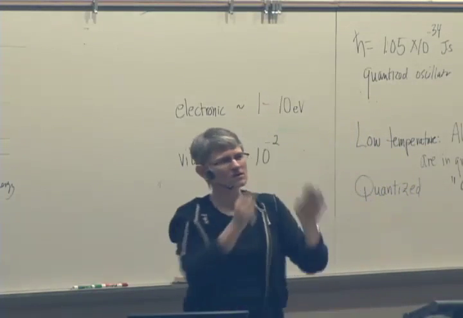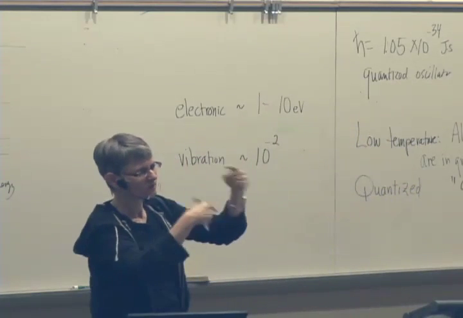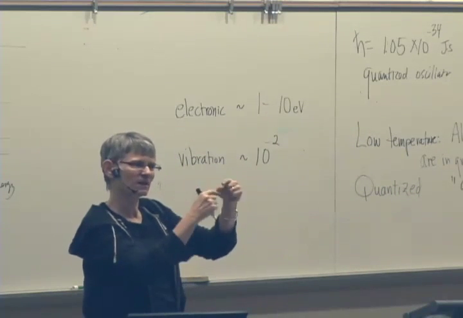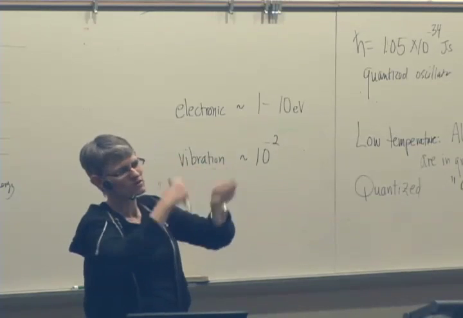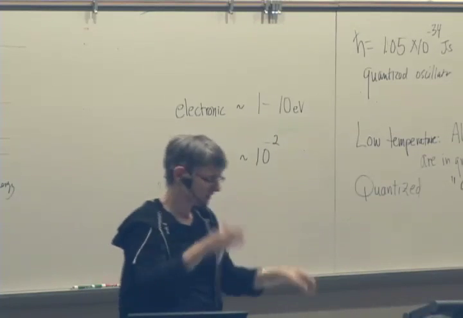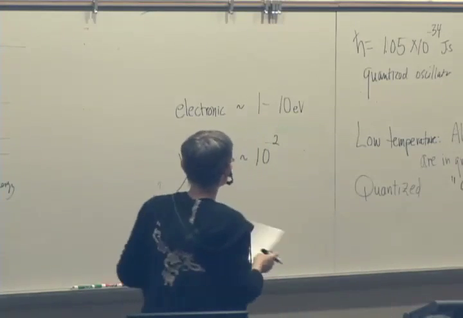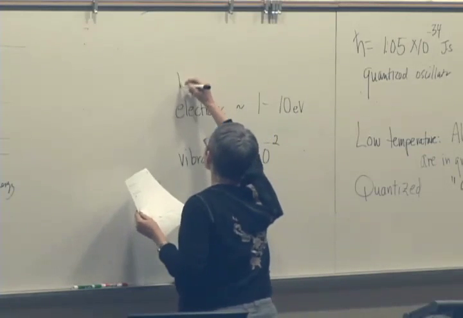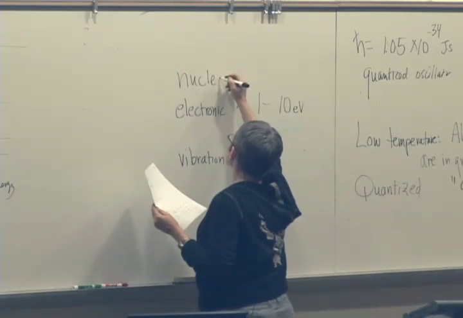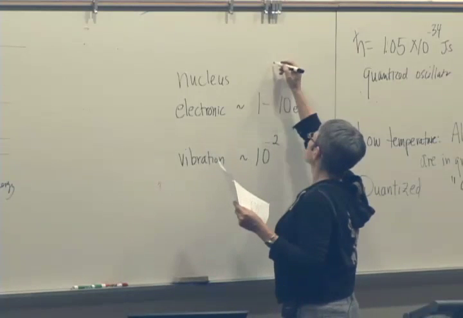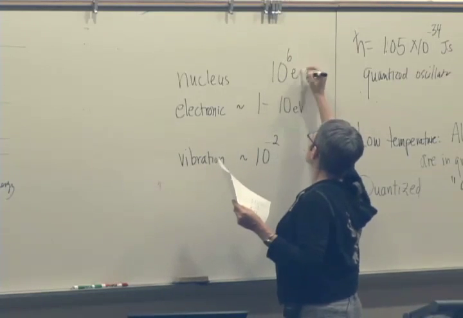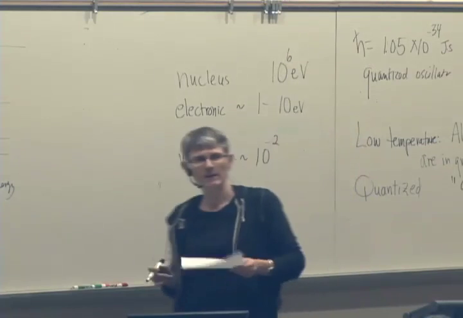Now, it turns out that a nucleus itself can have different values of kinetic plus potential energy because inside the nucleus, all the protons and neutrons are moving around. So they can have kinetic energy and potential energy too. So inside the nucleus, these energy levels are separated by large numbers, 10 to the 6th eV.